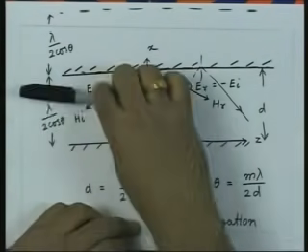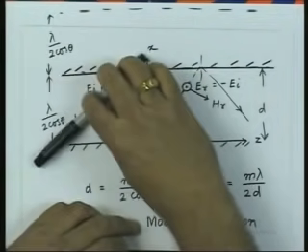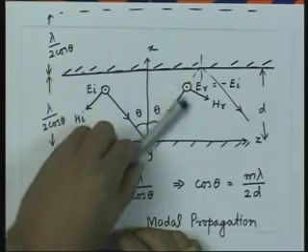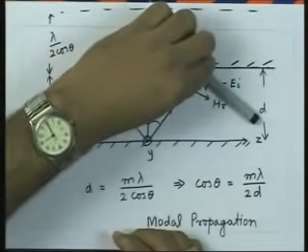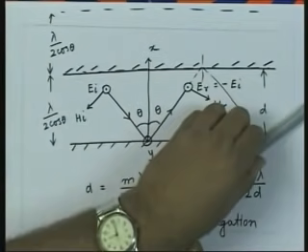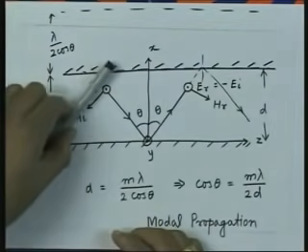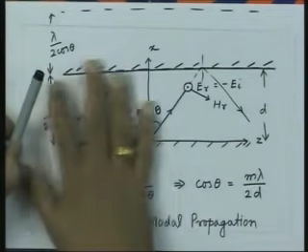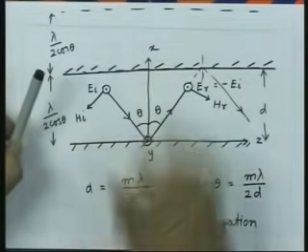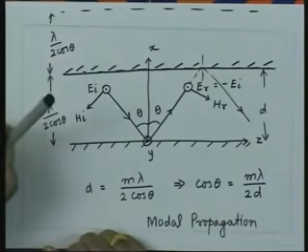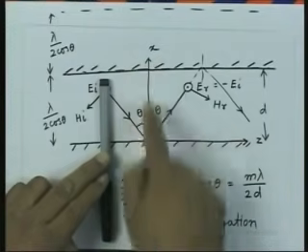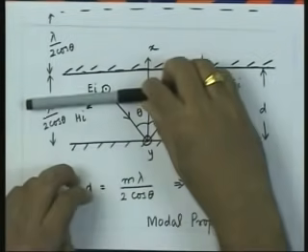Whereas the magnetic field is like this and this. The direction is like that. When it comes here, the direction gets changed, it becomes like this, and it changes again, becoming like this. So the magnetic field, if I look inside the space between these plane waveguides, has two components. One is perpendicular, that means in the x direction, and one is in the z direction.